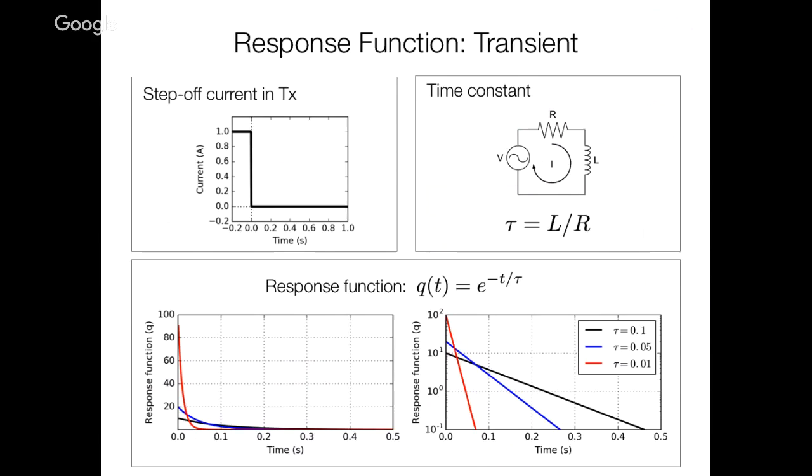If I've got a very large tau, plotted versus time, the response function on a linear plot comes out linear. Okay. So that's the time domain.